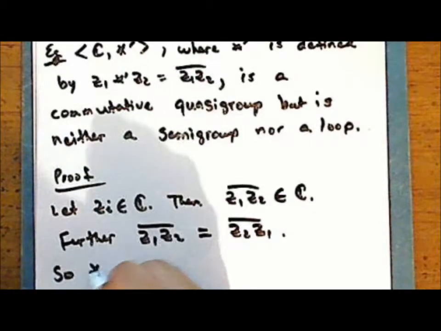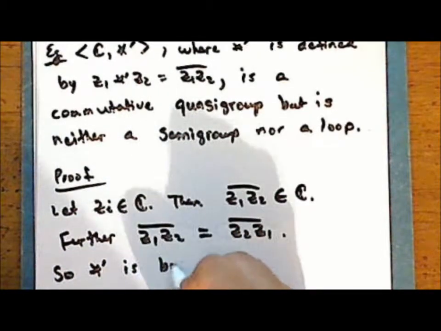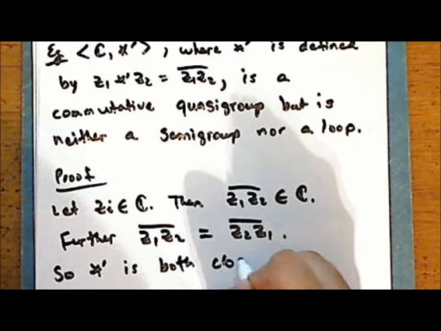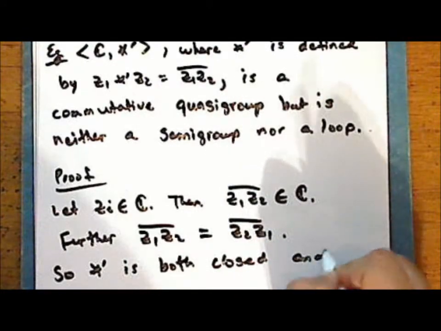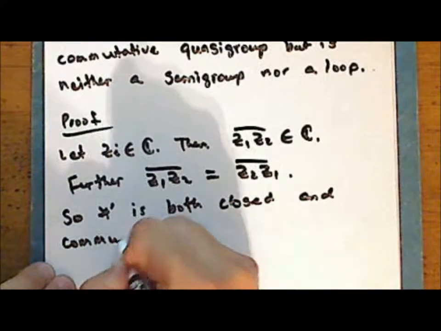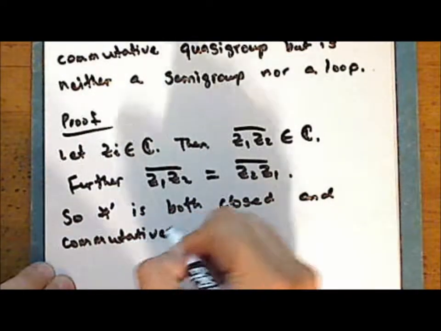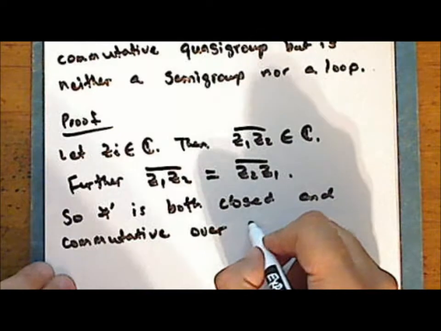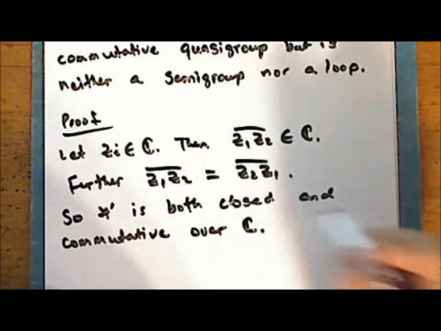So the operation star prime is both closed and commutative over the complex numbers.